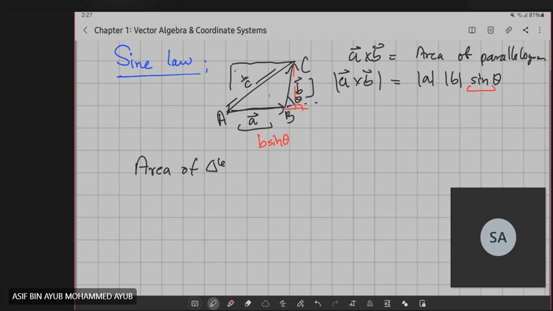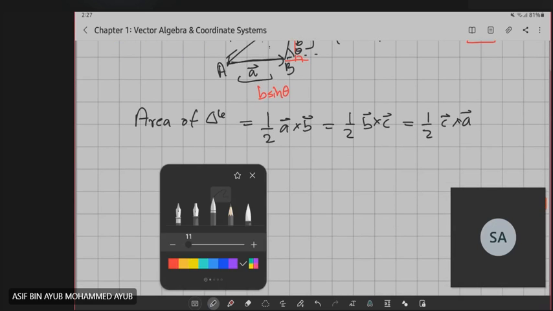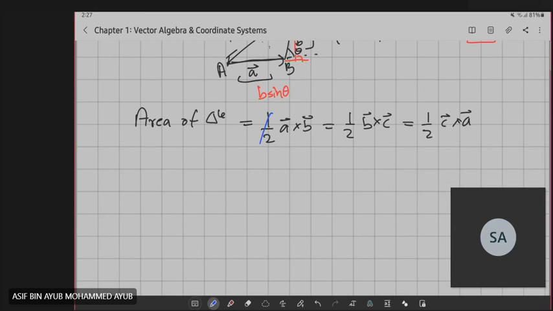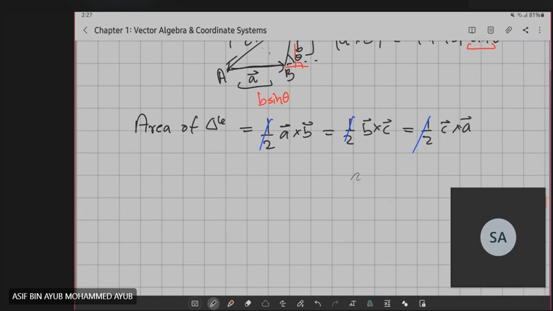So you're dividing this parallelogram into two, you get a triangle. So it could either be A cross B or B cross C or C cross A, depending on which base you take. The one half cancels throughout. And so you have the remaining things here.